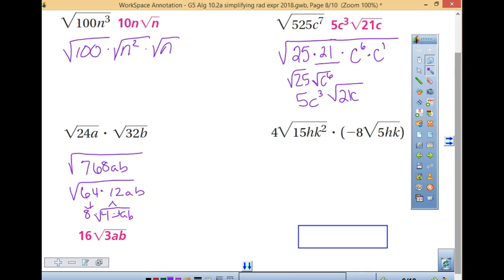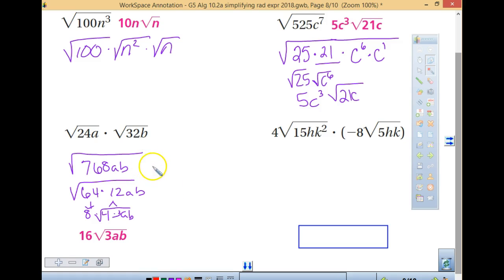As I look at this problem, this is one where I might have factored the 24 right away as 4 times 6.